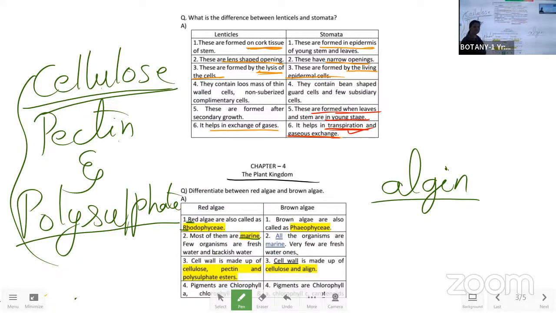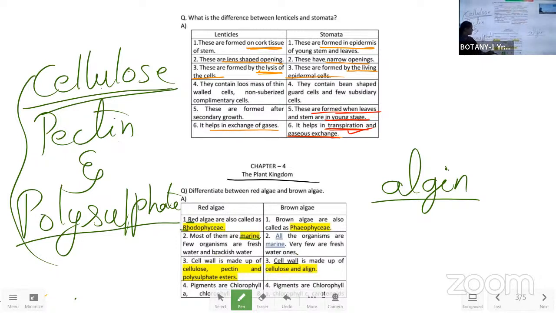Why that is present is a NEET-wise point, and I'm not going to discuss it now for the competitive exam, so I won't say why algin is present in the cell wall of the brown algae.